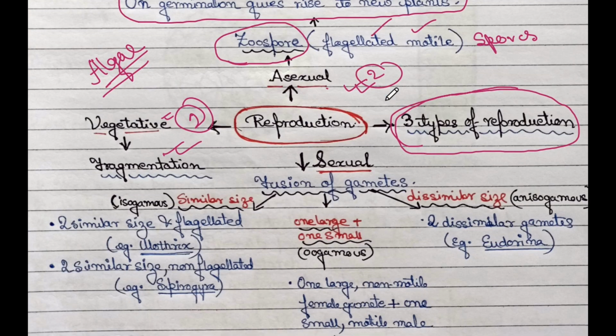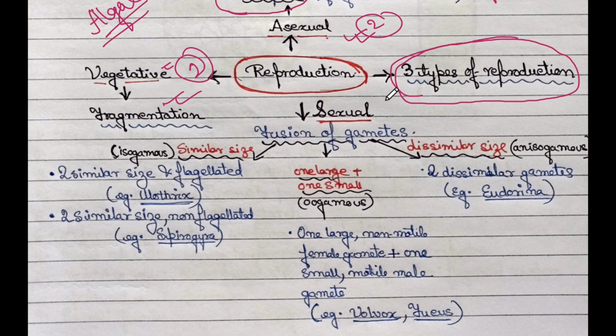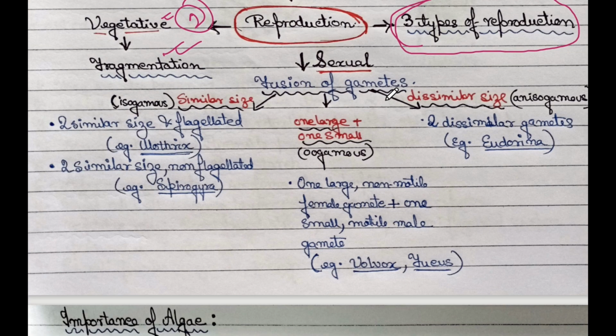Now we will be coming to sexual reproduction. Sexual reproduction happens through fusion of gametes. Now, this fusion of gametes can happen in three different ways.